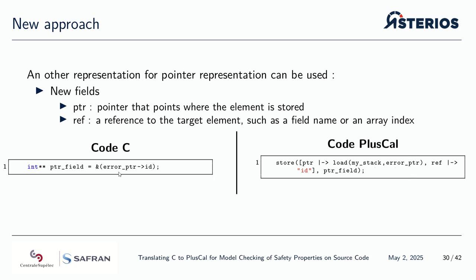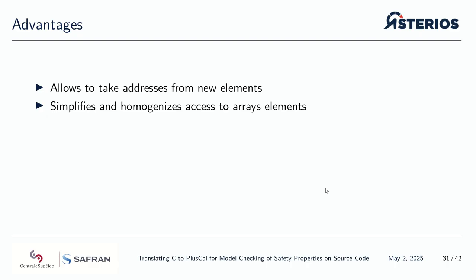And the ref field will be stored as ID, because we want to retrieve the ID field of the structure. So with this representation, we can now take addresses of elements that we could not before with only the previous representation of pointers.